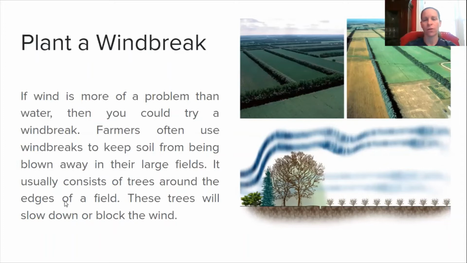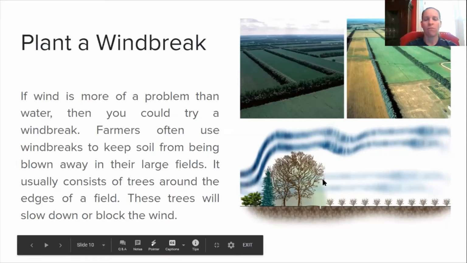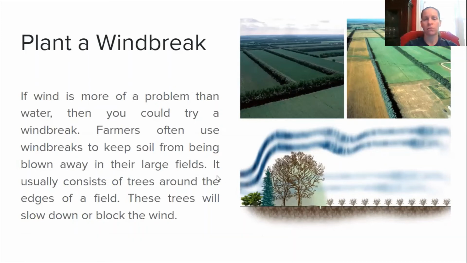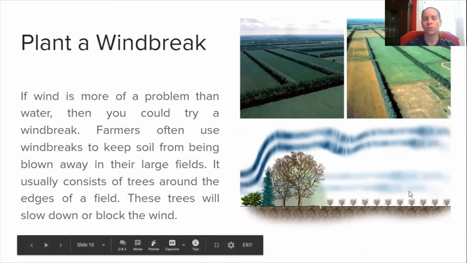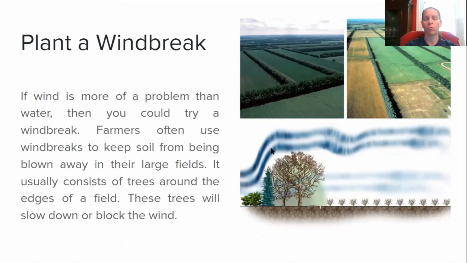This bottom photograph here is a great example of how the windbreak works. If you have the wind coming in, the wind is like this blue. If it's coming in at a level where it would sweep right across all the crops and right across the soil, then these windbreaks cause the wind to slow down and push upwards.